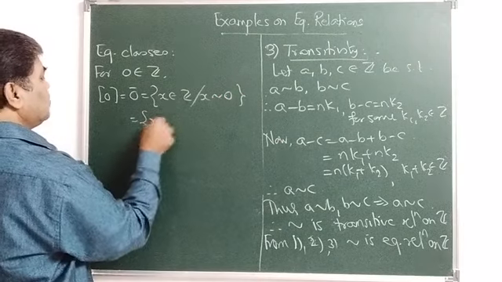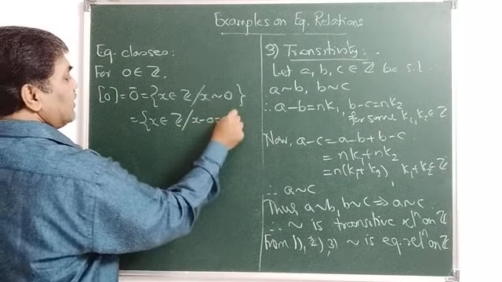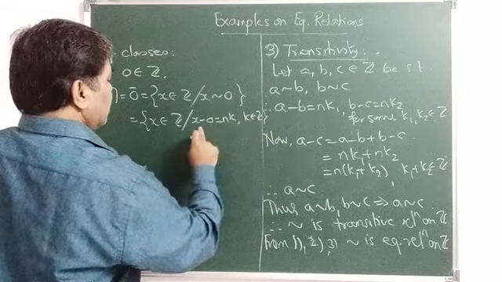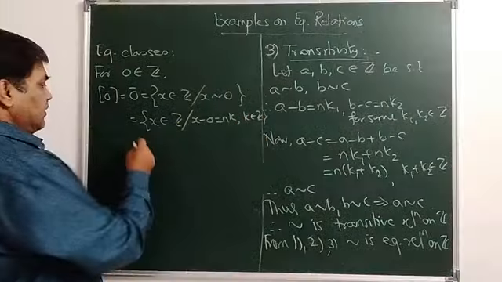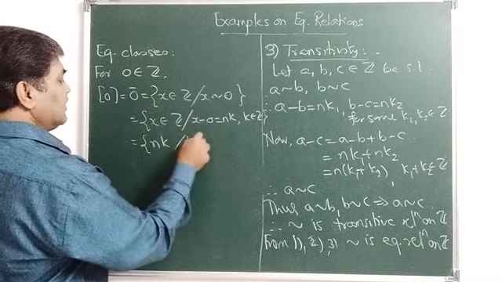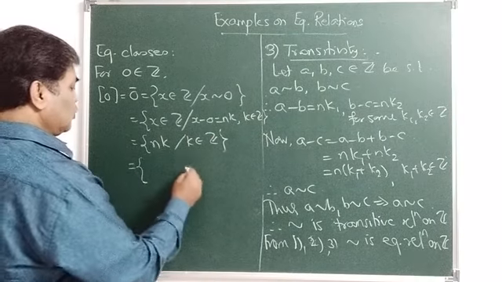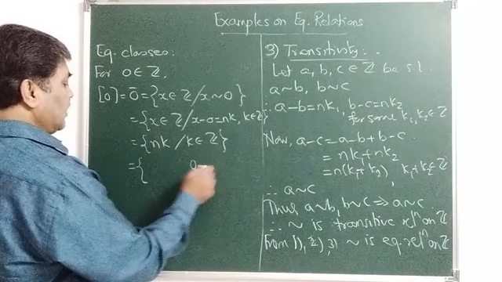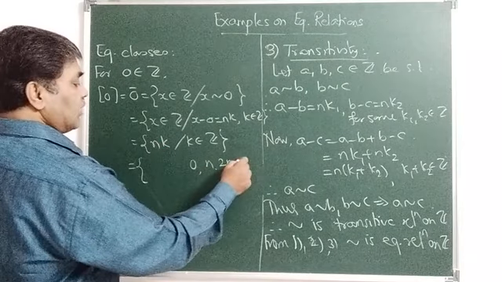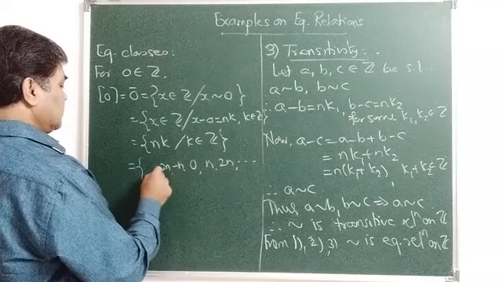Means x belongs to Z such that x minus 0 is equal to nk, and k belongs to Z. So x minus 0 must be a multiple of n, which is nk, where k varies in Z. If I put k equal to 0, I will get 0 here, k equal to 1, I will get n, k equal to 2, I will get 2n, and so on. On this side, I will get minus n, minus 2n, and so on.